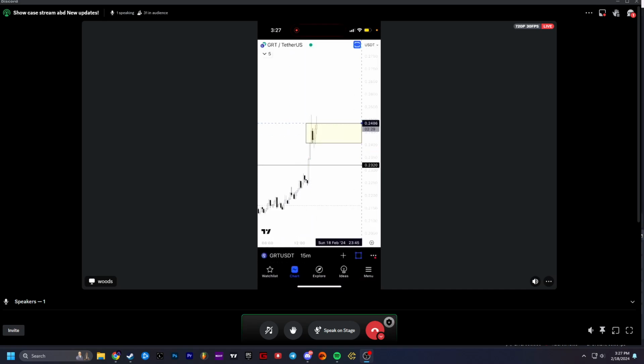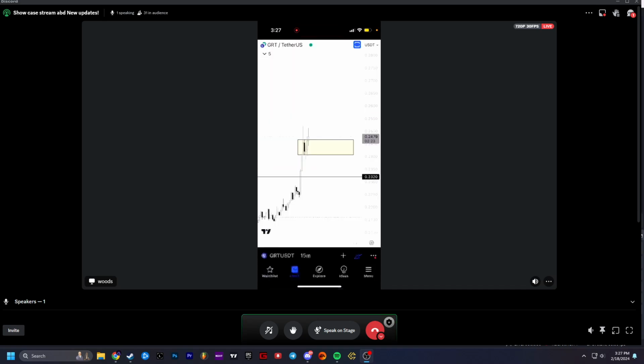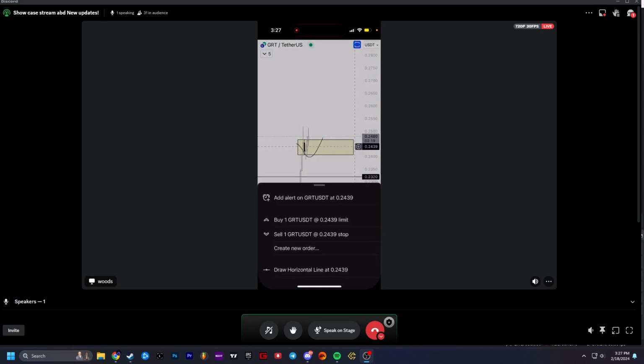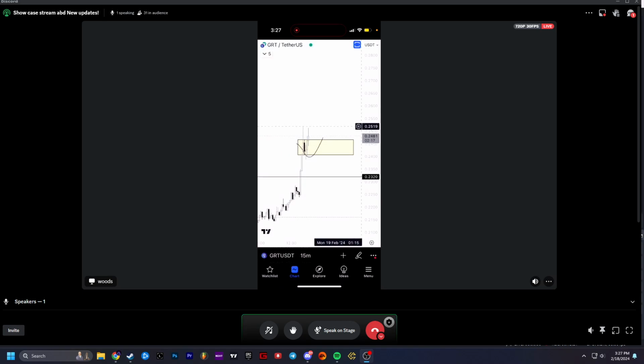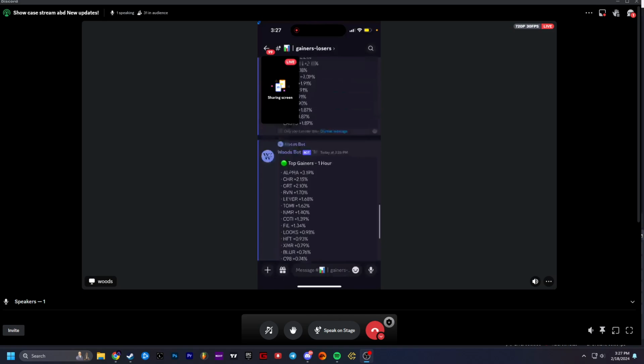Anywhere within this little pocket of demand right here, in my opinion, would be a buy. So I'm going to circle back to here. I'll place an alert, and if GRT moves, we will come back to it, and I'll show you guys how that volume works. So that's what I'm doing, and it's mostly a cheat code. You can utilize this on the road, which is the beauty of it.